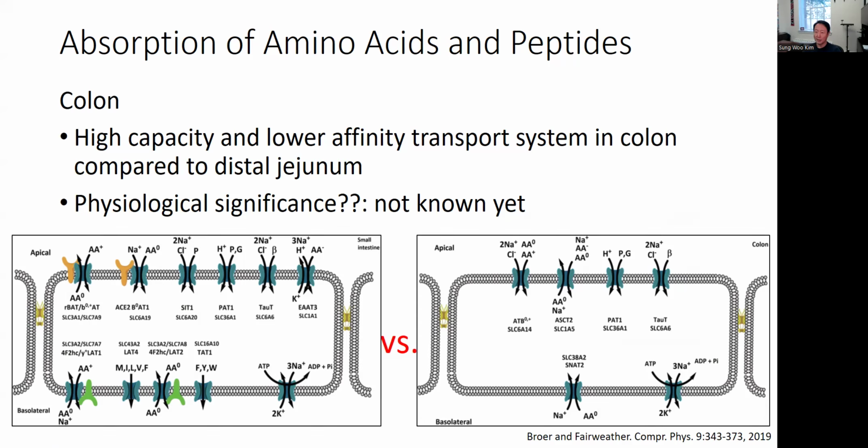I should say there may be some amino acids that can be absorbed in the colon. But if you talk about the significance, the amount, is that biologically or nutritionally significant? That's the question. But I still cannot say there's no amino acid absorption in the colon.